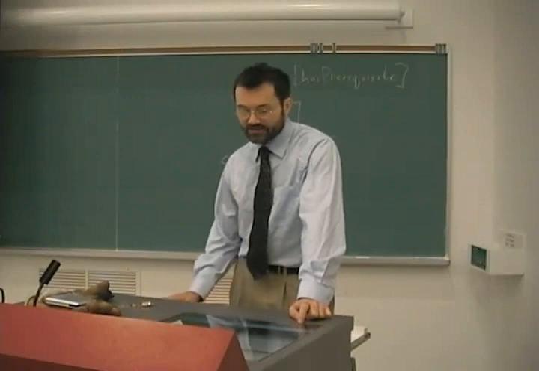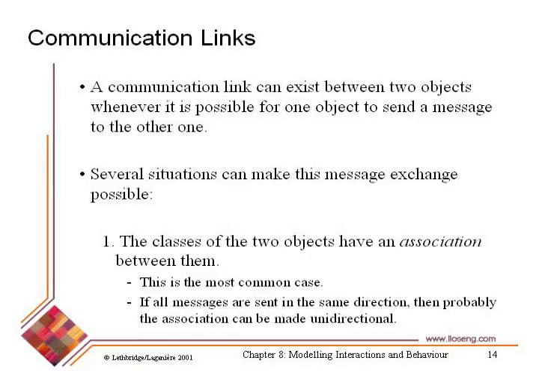And in fact, the next slide, slide 14, is talking exactly about these things. We're saying that there are a number of reasons why, one is being a local variable, one is being a parameter by which you've got access to the object you're sending a message to. And so, at the bottom of slide 14, the classes can have an association between them. And so typically if they have an association, you just don't label it.